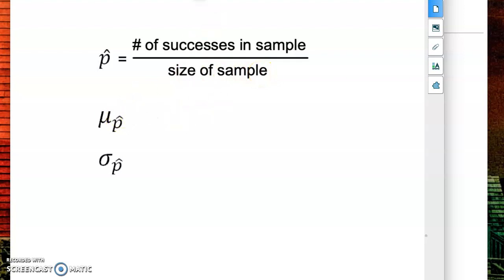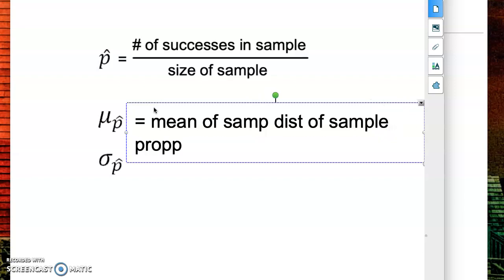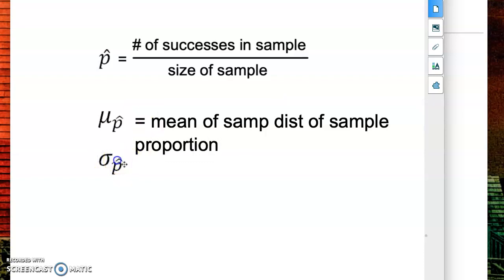Mu of p hat represents the mean of the sampling distribution of p hat, of the sample proportion. Okay? And sigma of p hat is the standard deviation. Okay, so this actually is going to be equal to p.